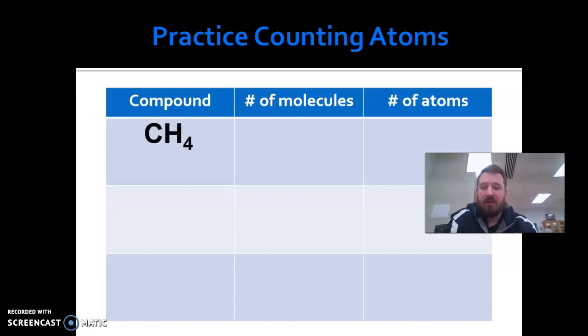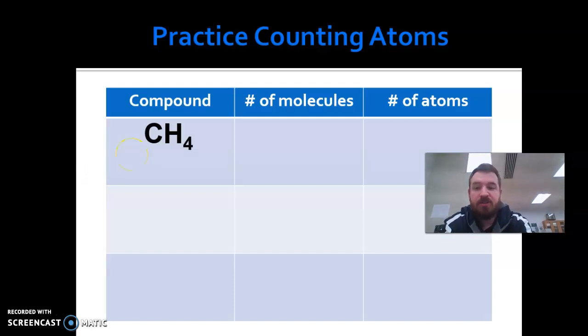So let's take a look at our first one here. We have CH4, also known as methane. Okay, we want to start by seeing how many molecules we have for each element or compound. So we're going to be looking at our coefficient.